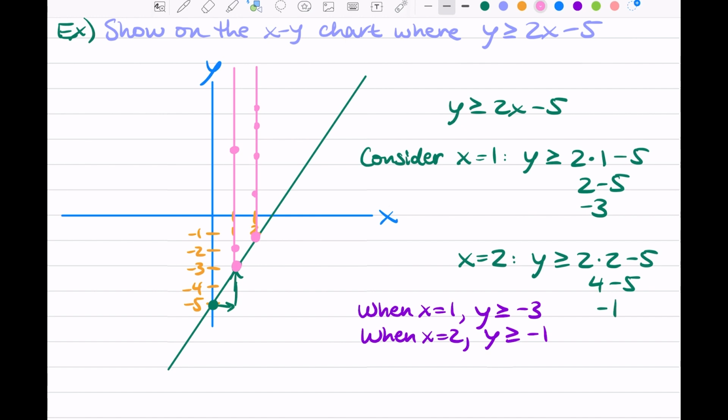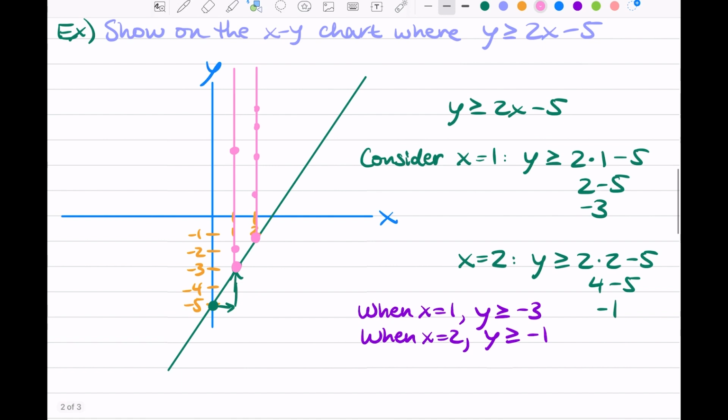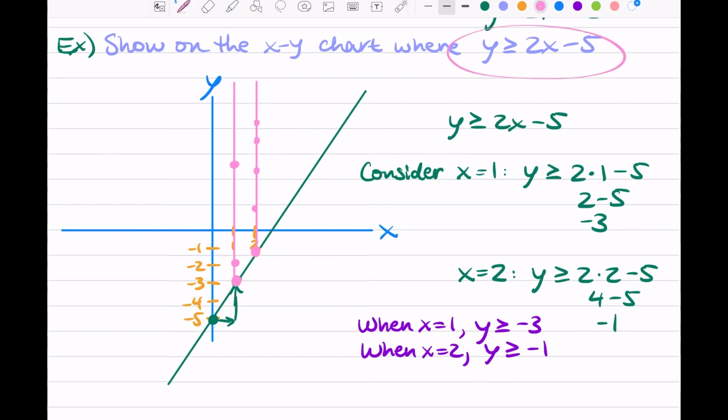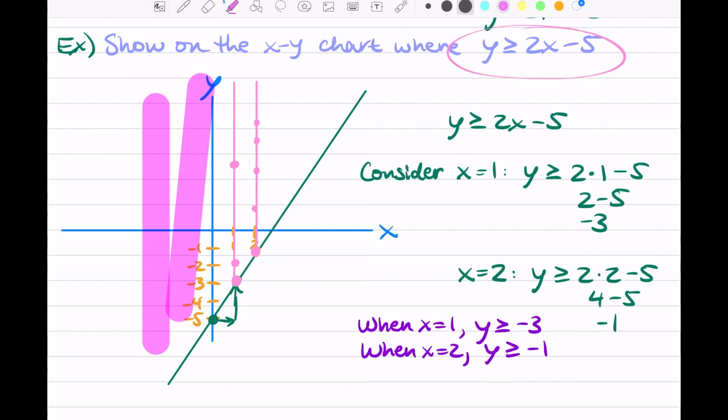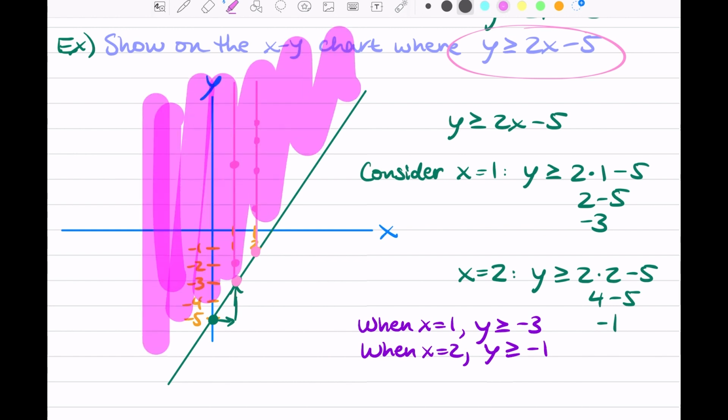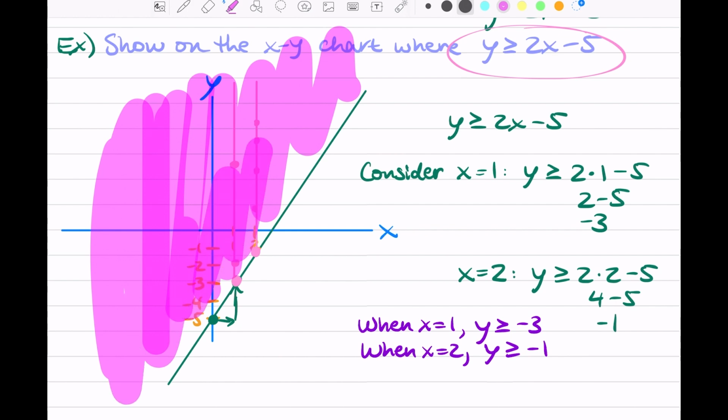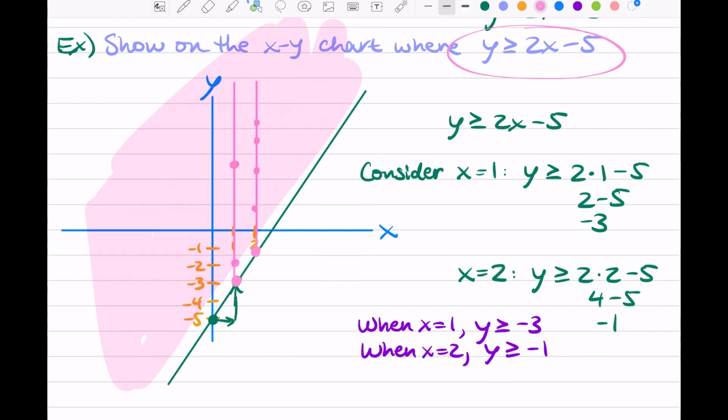And so if you keep on doing that for every x, what you notice is that our area where y is greater than or equal to 2x minus 5 is going to be the entire area up here, the entire region above this line. Because every sample for x that you pick, you're just going to keep getting lines that go up and up and up.